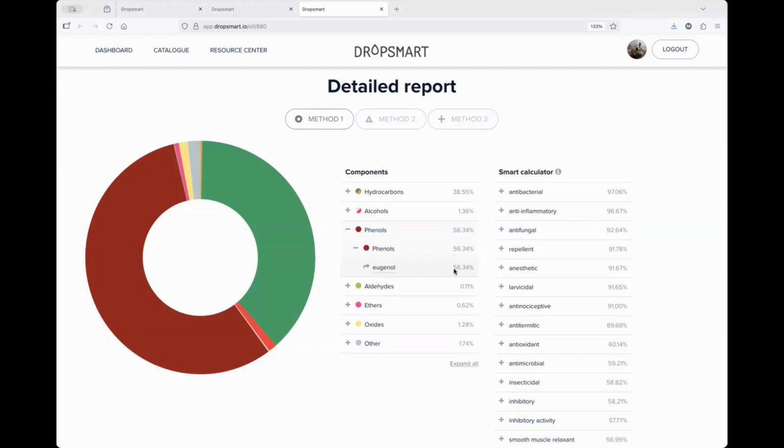So you want to see that any oil that has, I would say, even more than 5% or even less, so like 3% or more of phenols, be careful how you use it. You do want to tell your client or whoever you're talking about, hey, this is an oil to look out for.